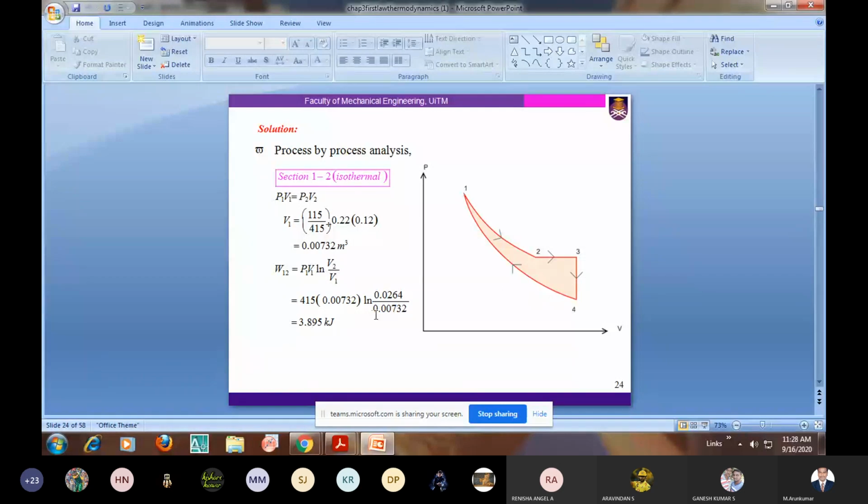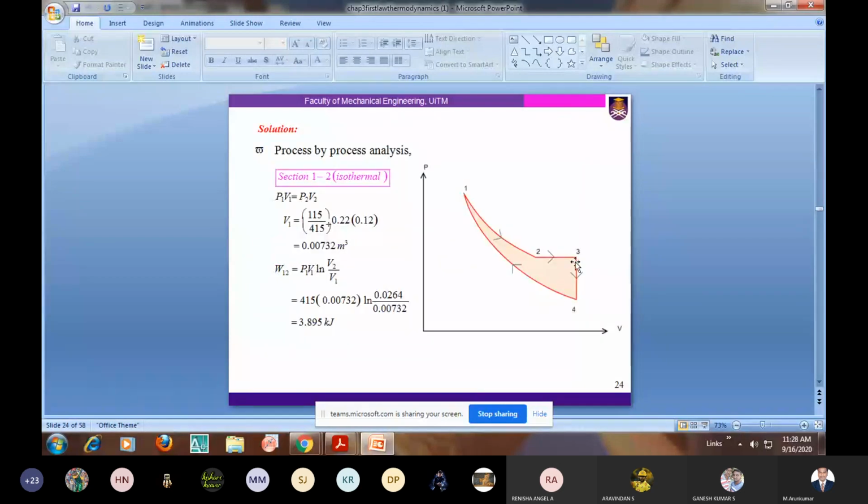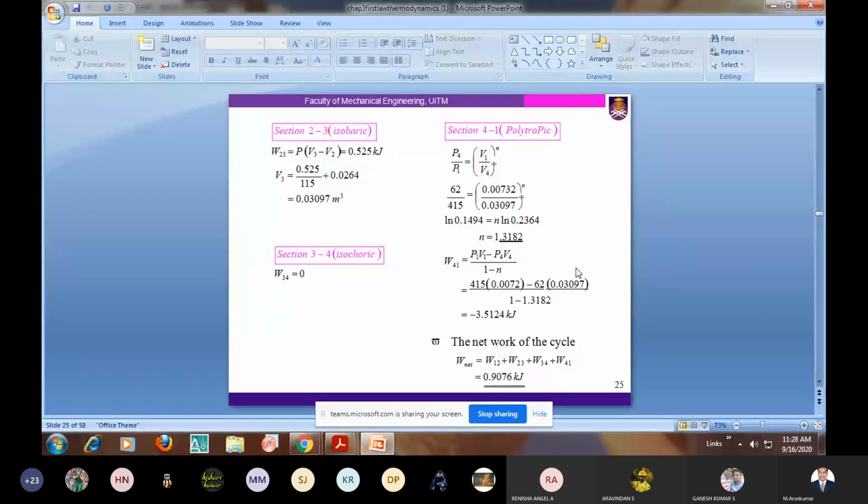Then we can move to the next process, the isobaric process. Here, for the isobaric process, we know P2 is equal to P3, and we know V2. We have to find V3.